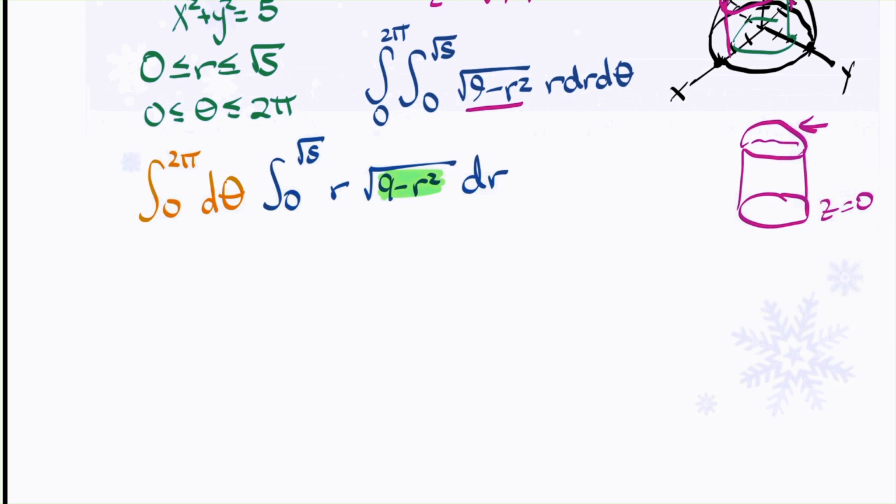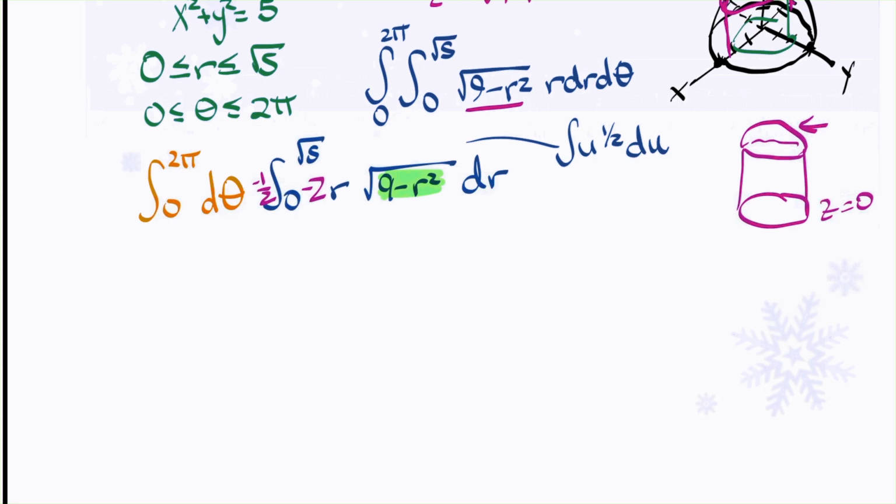What I need it to be is negative 2r. So I'm going to multiply this by negative 2, so I have a du, negative 2r, and then on the outside, I'll put that negative 1/2 to make it an equivalent integral. So this is essentially the integral of u to the 1/2 du.